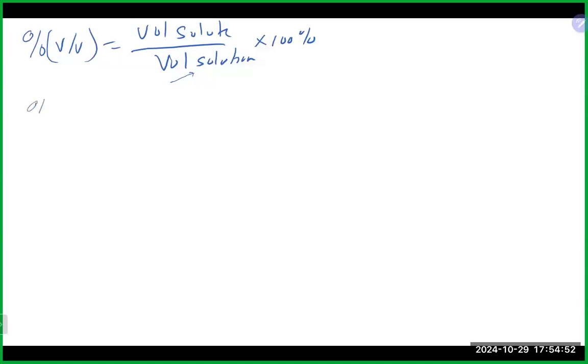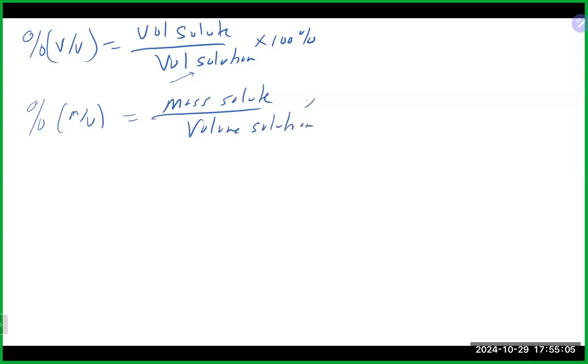There's also a percent mass to volume, and that is the mass of the solute divided by the volume of the solution times 100%. That's basically grams to milliliters, kind of like density basically is a percent mass to volume. And they all work the same way.